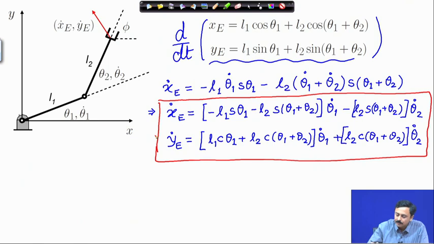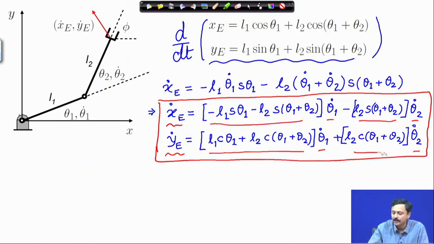You can see from these two relations that I have related the joint velocities with the end effector velocities, and these relations are linear, as you can see. Furthermore, these relations are dependent on the configuration, as these terms contain theta 1 and theta 2.